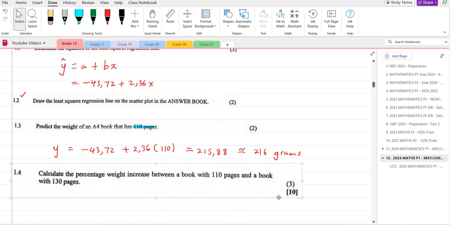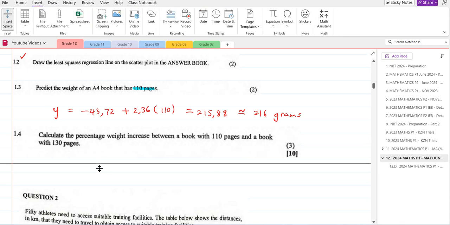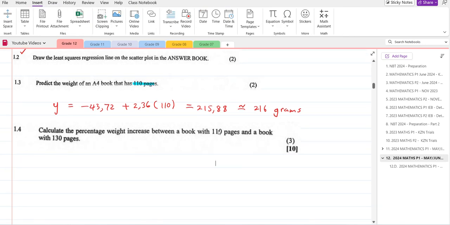The next question says, calculate the percentage weight increase between a book with 110 pages and a book with 130 pages. So percentage weight increase, remember that's a weight. So 110 is giving me 216.